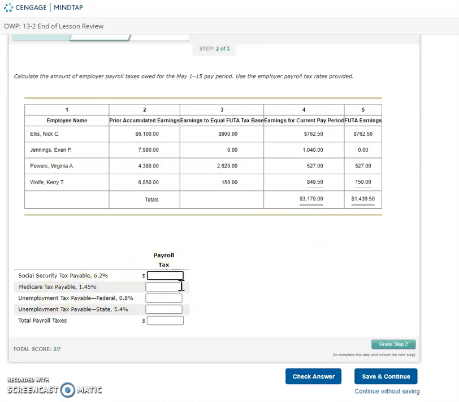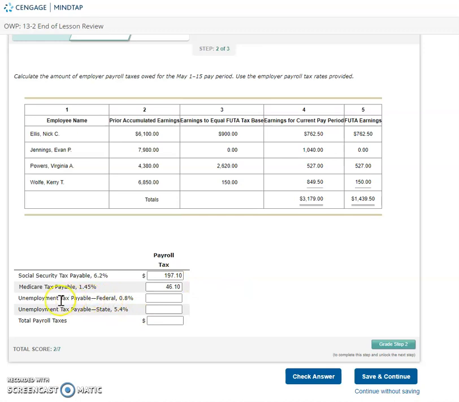So I'm going to just multiply those. 3,179 times 6.2%. I'm going to have to round on this. I get 197.1. 3,179 times 1.45%. Again, I'm going to need to round. I get 46.1.